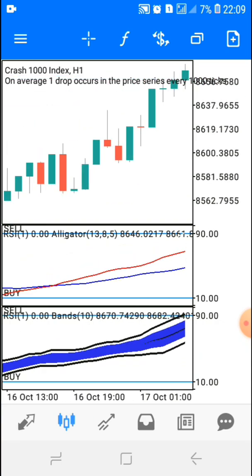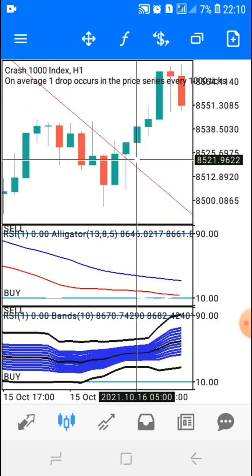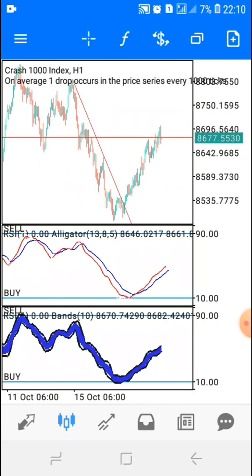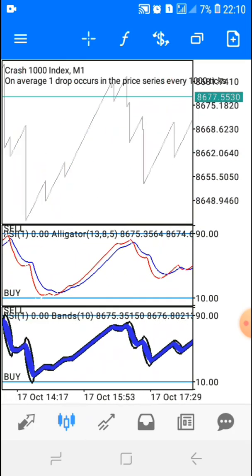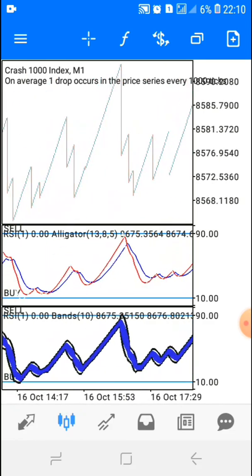I just dropped my trend line, and immediately when I saw my trend line was broken, I know that the market decided to reverse. Okay, and when it reversed, we know it's an uptrend, so we do not have to worry about being scared to take entries when the Bollinger Bands is at the 10 level or the alligator's at the 10 level, because we already know that the market is going in an uptrend.